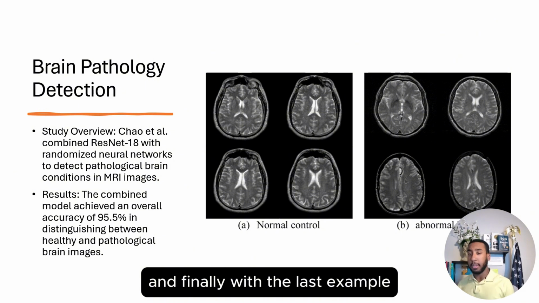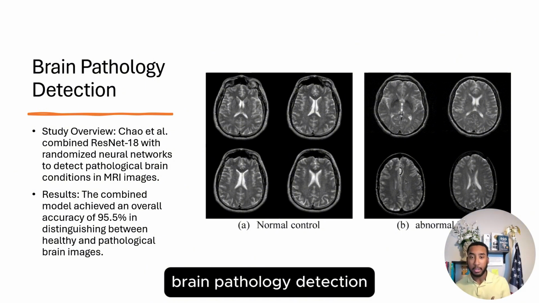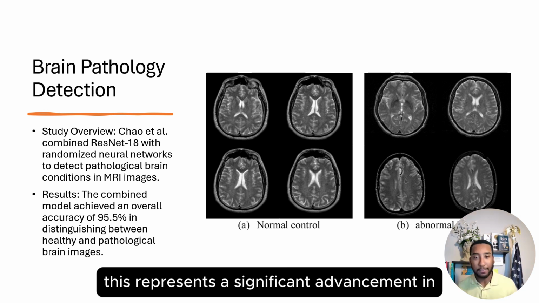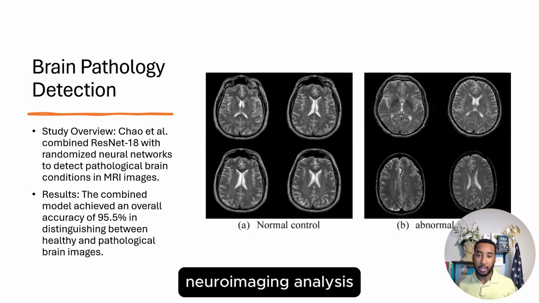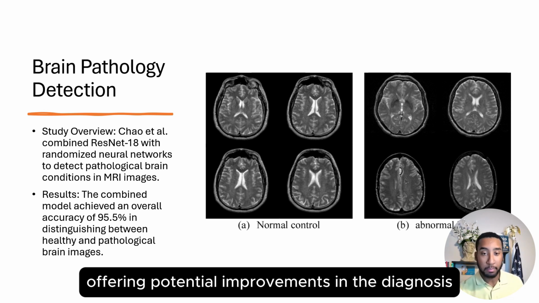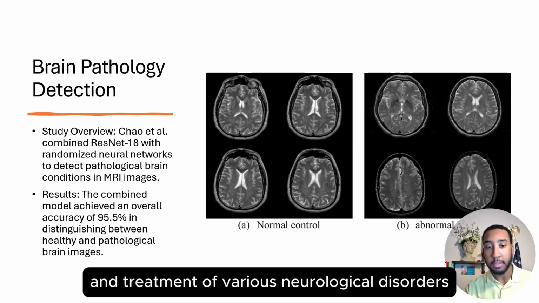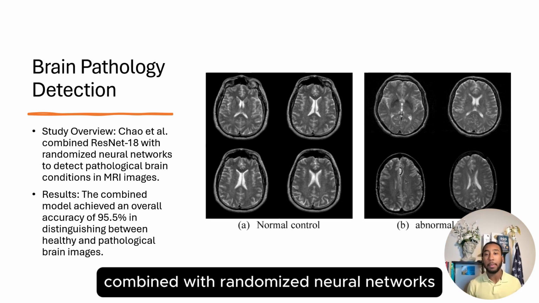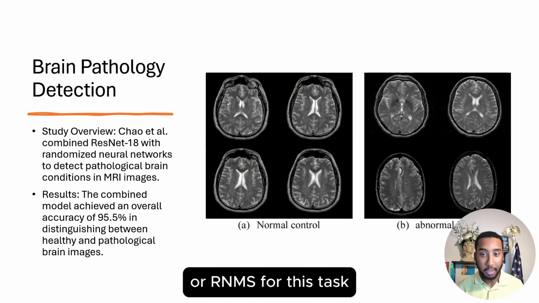And finally, with our last example, brain pathology detection. This represents a significant advancement in neuroimaging analysis, offering potential improvements in the diagnosis and treatment of various neurological disorders. Chow and their team explored the use of ResNet combined with randomized neural networks, or RNNs, for this task.